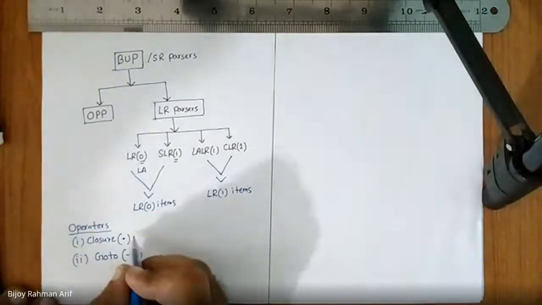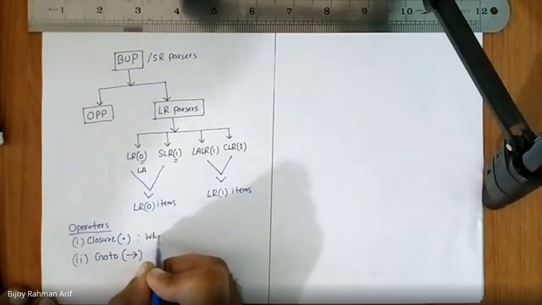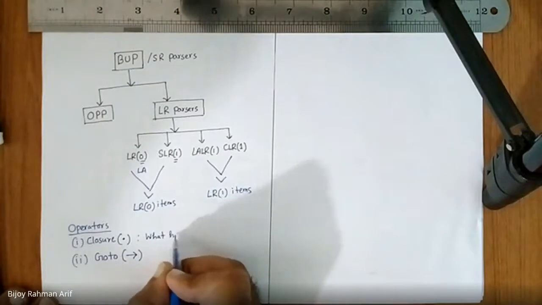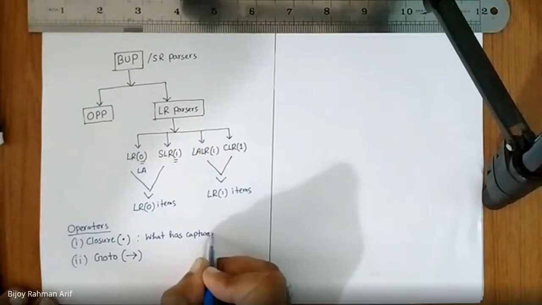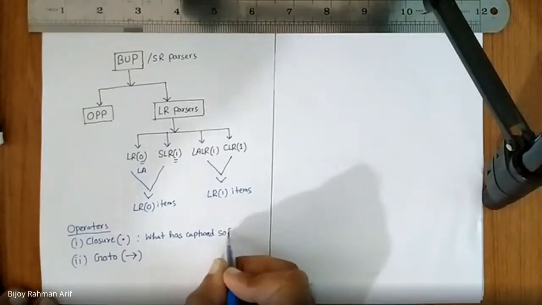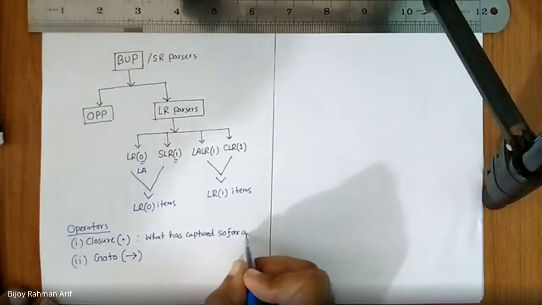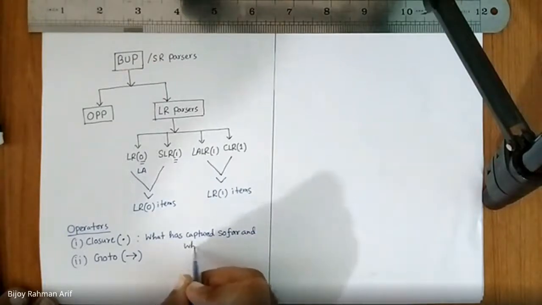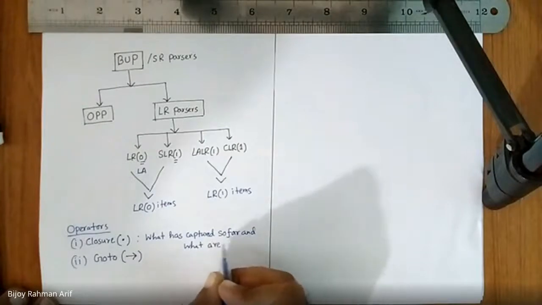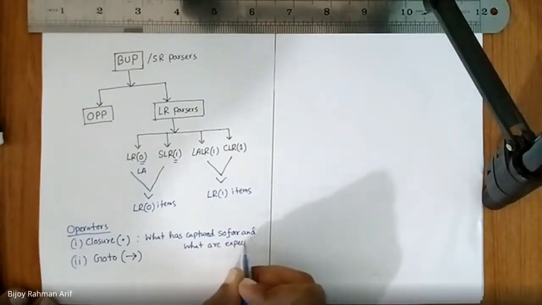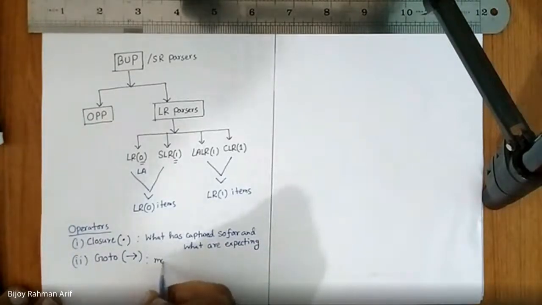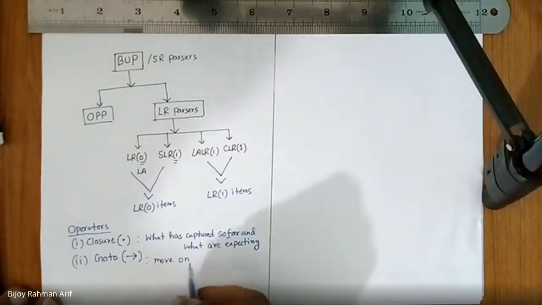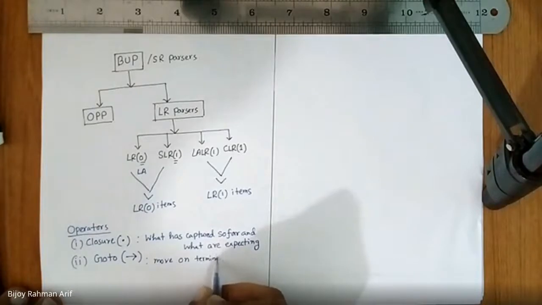Closure is nothing but what has been captured so far and what we are expecting. This is a very crude idea about closure, and goto is move on, move on terminal or variable.